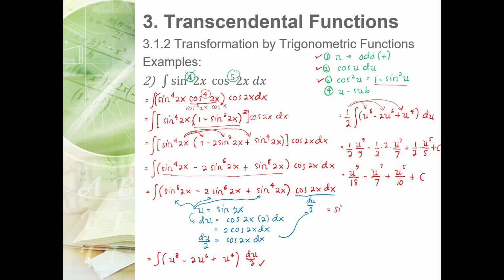That's sine to the 9th of 2x all over 18, minus sine to the 7th of 2x all over 7, plus sine to the 5th of 2x all over 10, plus c. So this is your final answer.